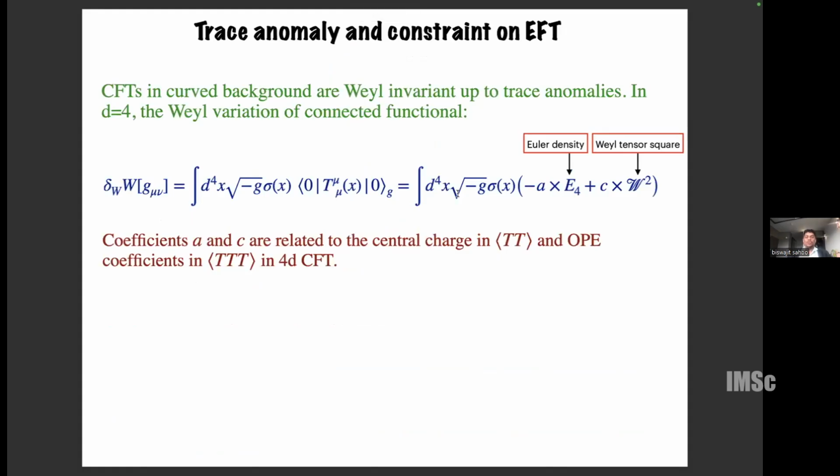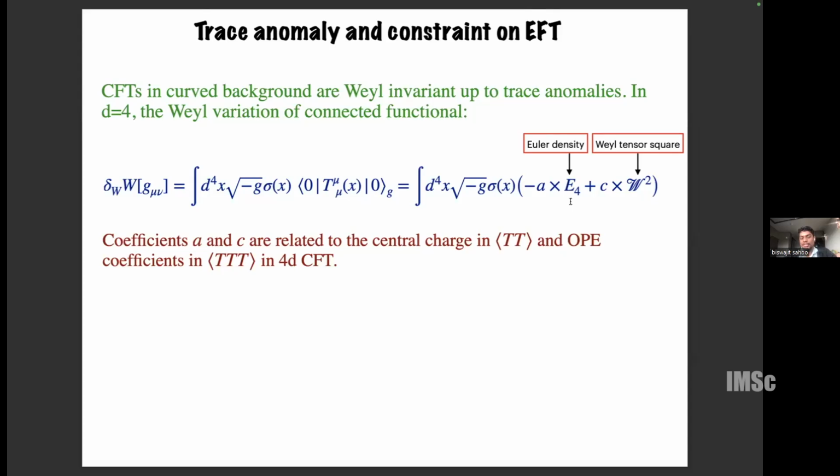So then what is this Weyl anomaly, or sometimes we call it a trace anomaly of a CFT? As I was saying, a CFT in a curved background is not Weyl invariant, but it has some trace anomalies. In a sense, if you integrate out the CFT degrees of freedom and define a connected functional, the Weyl variation of this connected functional, which is proportional to the 1-point function of the trace of the stress tensor, is non-vanishing, but it is determined in terms of some curvature tensor squared.